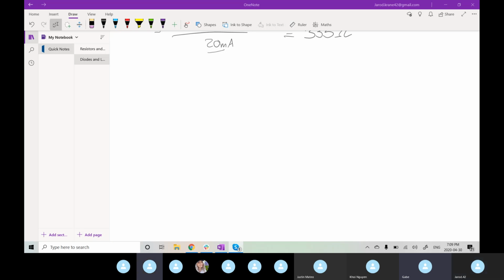I think if we just send one, it'd be easier because then we'd all have the same values. It'd be easier to check. Okay. I'll pull up an LED and I'll get you guys to search through, find the current limit, find the forward voltage, assume a 9-volt supply, and we'll see what you come up with.